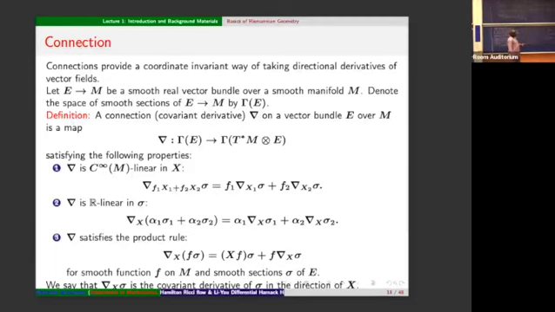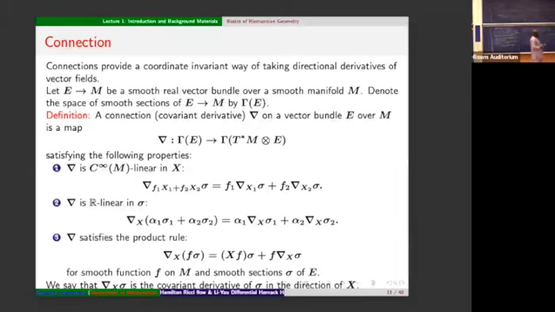If you have this connection with respect to this vector field of this function here, so this is the covariant derivative of this function in the direction of vector field x. So it's denoted as this.